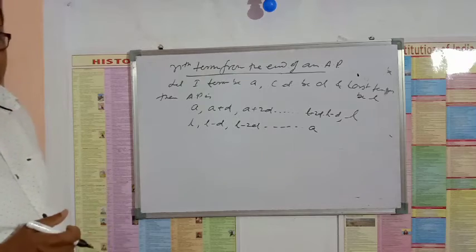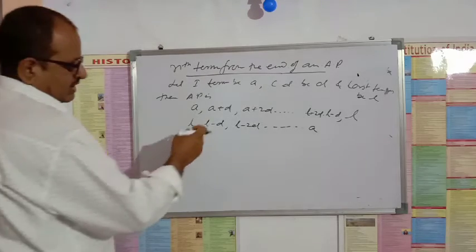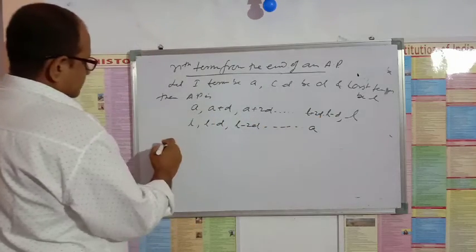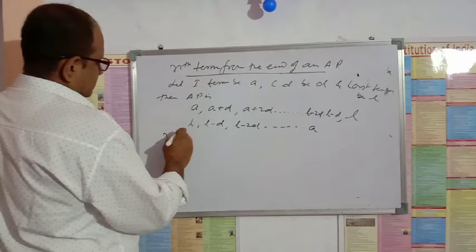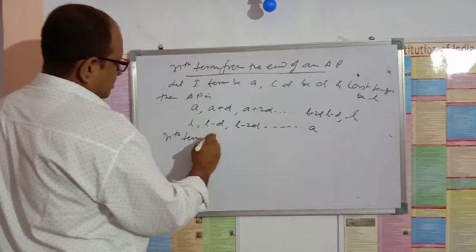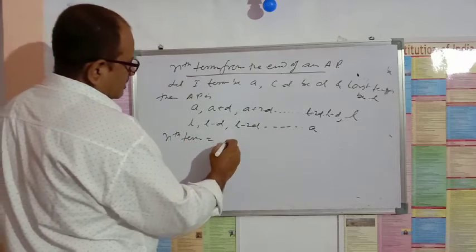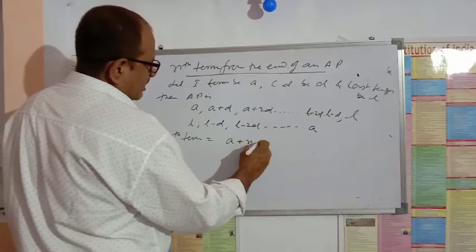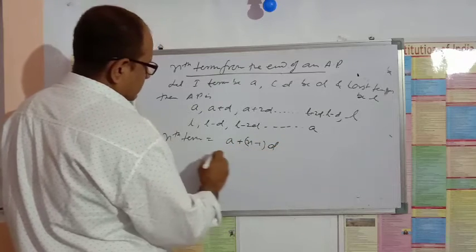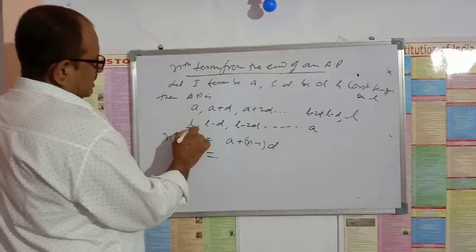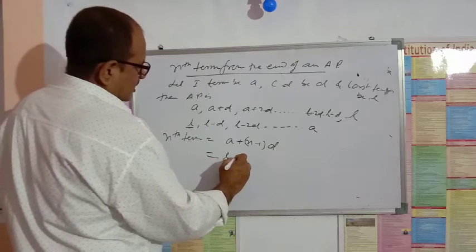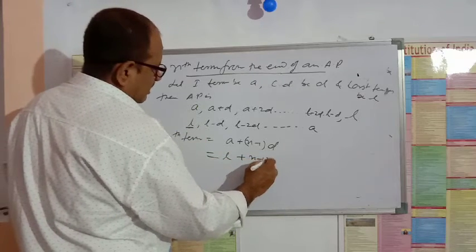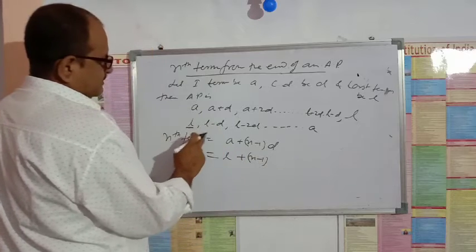We have to write the nth term from the end, so we have reversed this sequence. So the nth term is equal to what? A plus n minus 1 into D. What is the first term here? L. And what is D here?